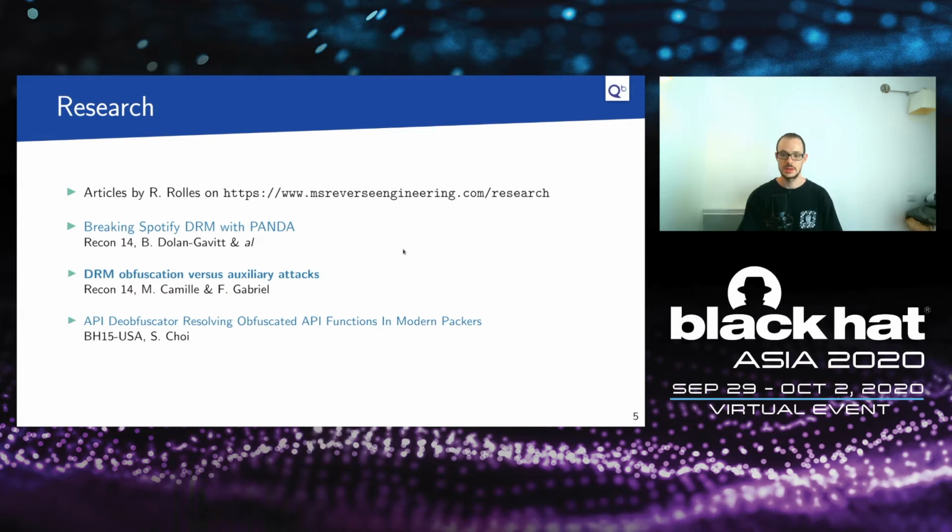This topic is not new, and there are a lot of presentations and papers about it. Especially in 2014, two former colleagues at Quarkslab presented some work on attacking white box using auxiliary attacks. They were basically using dynamic traces, and they showed how they managed to break the white box using dynamic traces generated by Intel Pin.